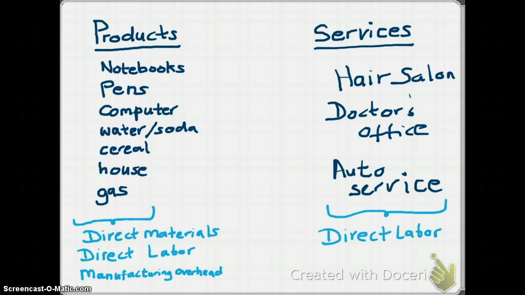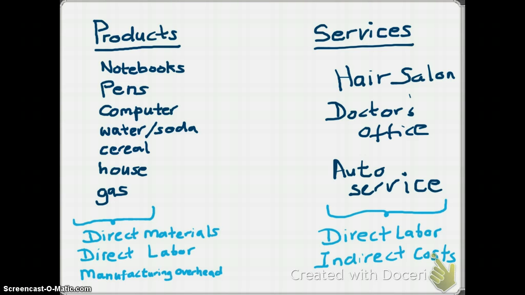As I said, manufacturing overhead is whenever they manufacture something in a factory, but we do have costs that cannot be traced to the service, and if you remember, we call those indirect costs. So to summarize, every single product always has three types of costs.